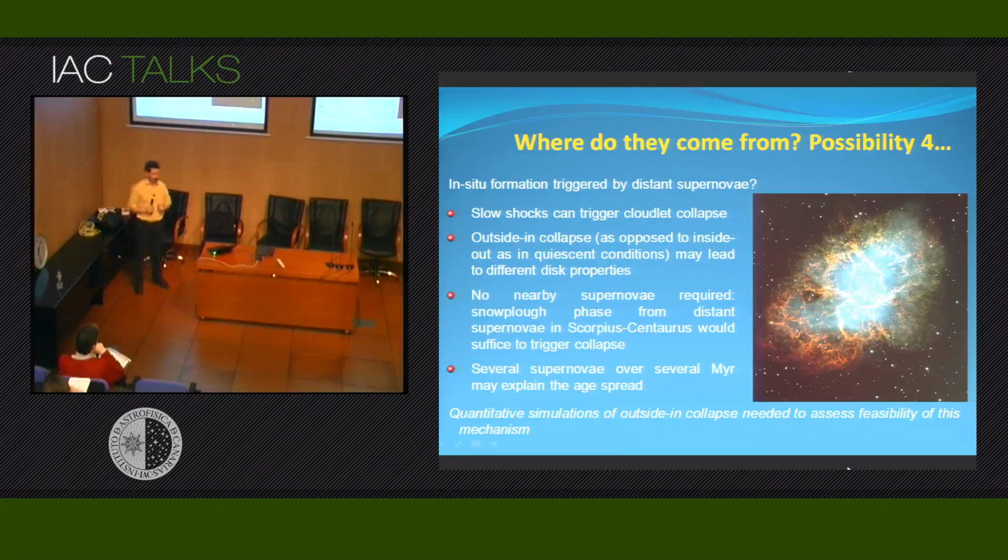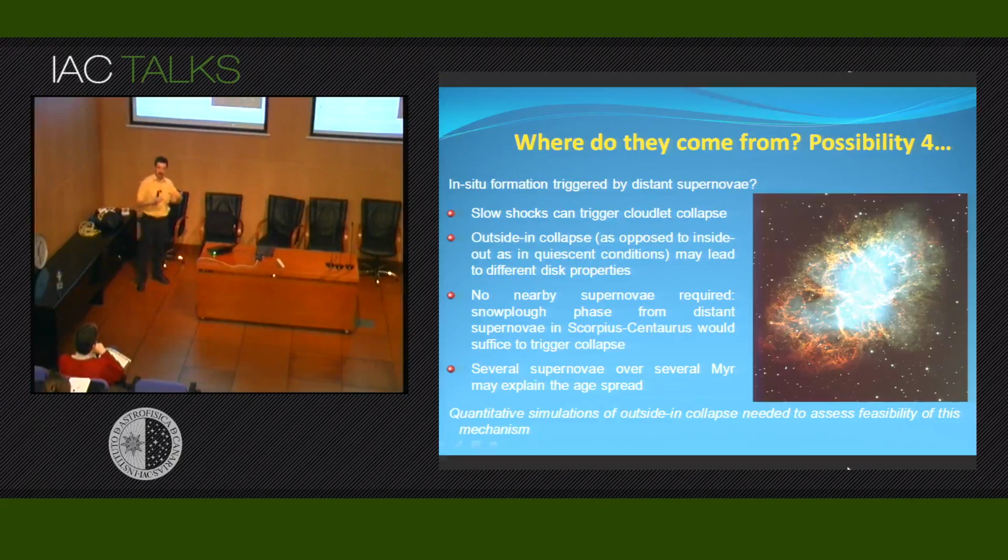So we have lots of progenitors of these slow shocks that may have run over the Lupus clouds over a span of several million years, which in fact may explain also the scattering ages that we find again among the new candidate members.